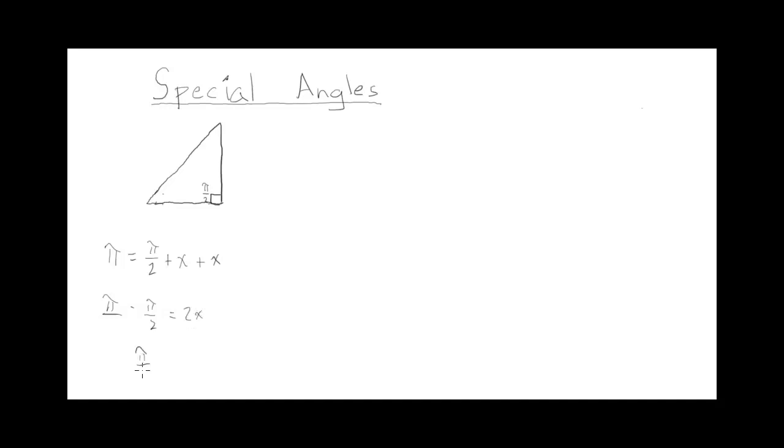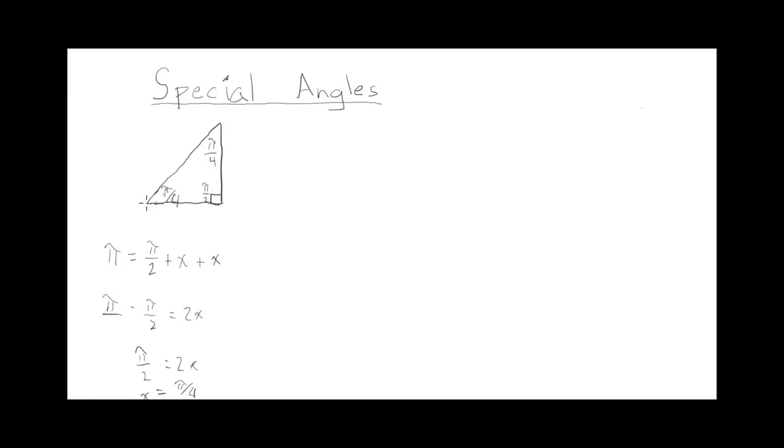So pi by 2 equals 2x, or x, the size of those angles, is pi by 4. So these two angles here, and really it's just one we care about, would be pi by 4 in this isosceles triangle. That's a 45-degree angle in degrees.